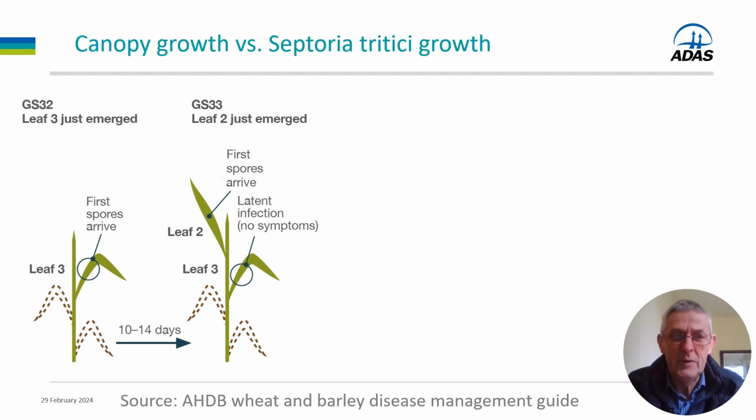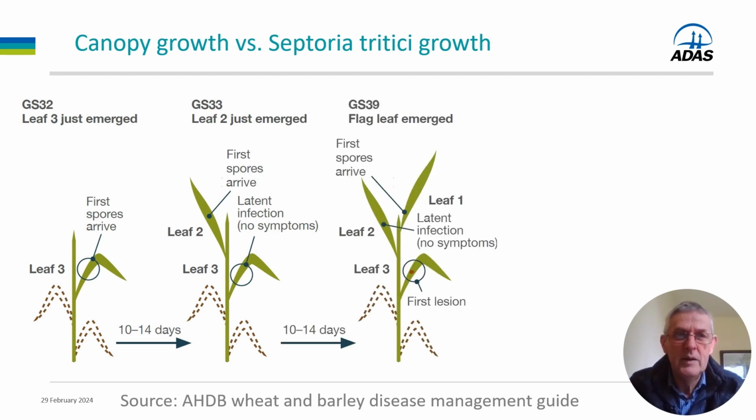There are still no signs of symptoms on the third leaf, and we're now getting infections potentially on the second leaf, depending on the weather. Then we get to flag leaf, 10 to 14 days later, another leaf has come out, and we just start to see the first lesions on leaf 3 lower down the canopy.